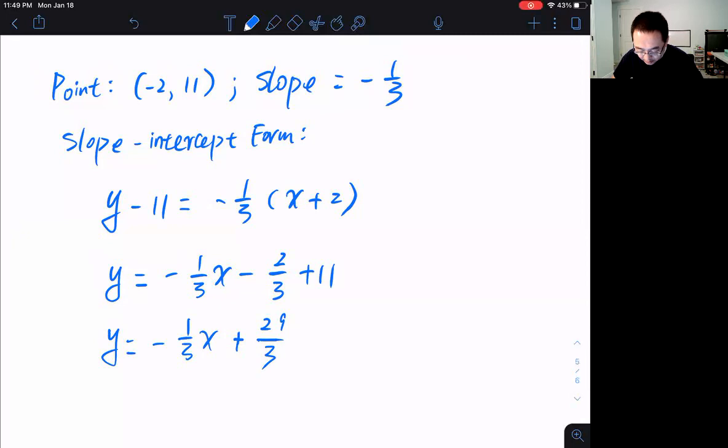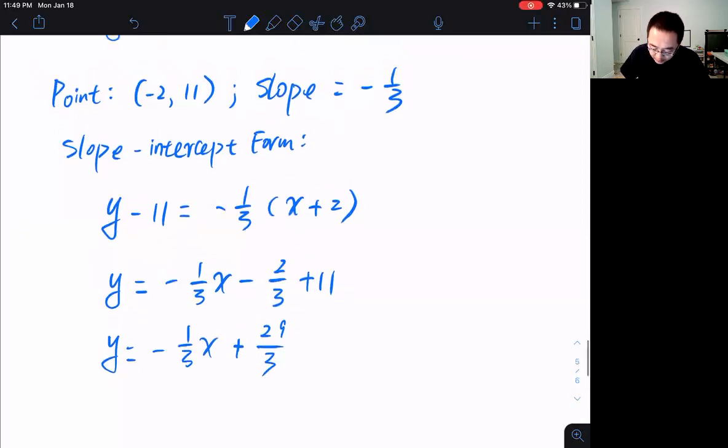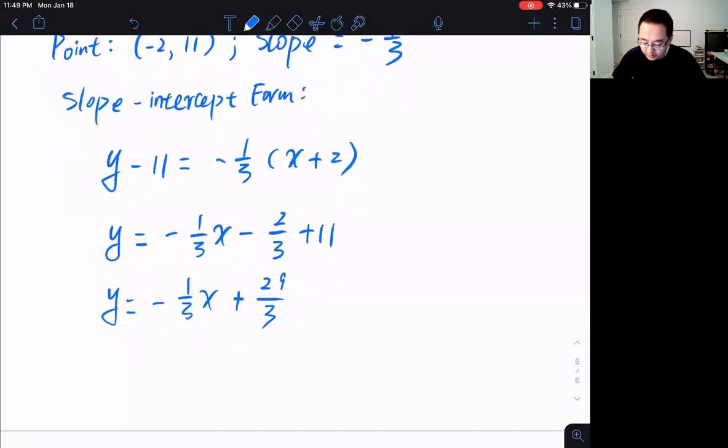This is the form we're looking for, where y equals the slope times x plus a constant. I hope this makes sense, and if not, definitely go back and review some more and do a lot of practice.